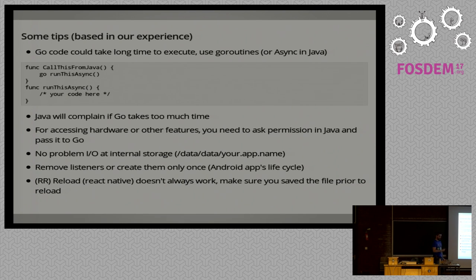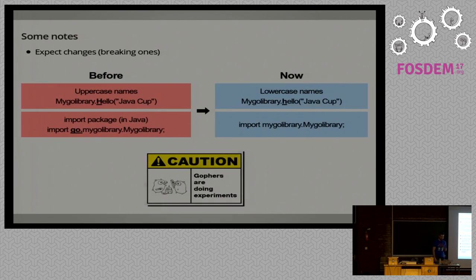But it was very, very little Java code needed, so we don't have any problem. Internal reading or writing of files at the internal storage is fine, but for external storage you also need to ask permission. And also, since the app cycle of Java is a bit strict, make sure you remove or create the listener if you are using one.